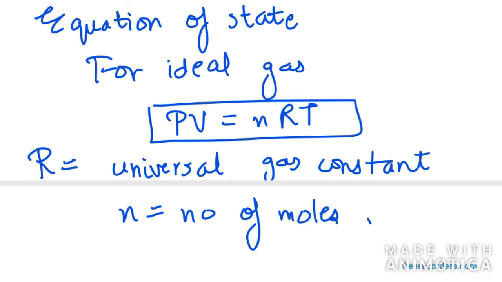Now we have thermodynamic processes. Thermodynamic processes are where the thermodynamic parameters of the system change with time. It is always with time.